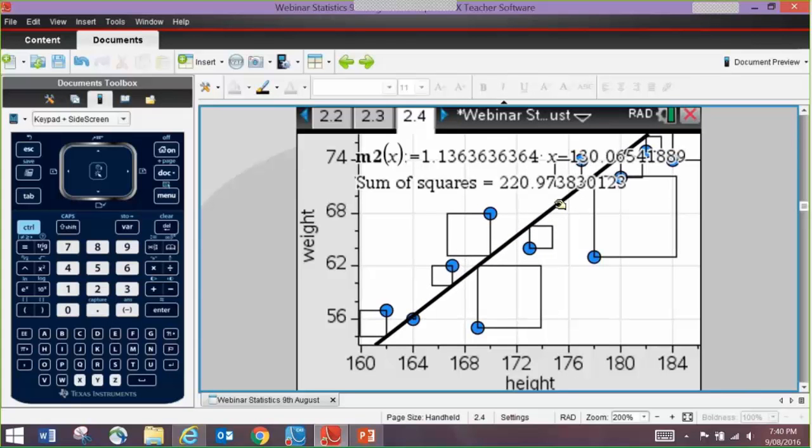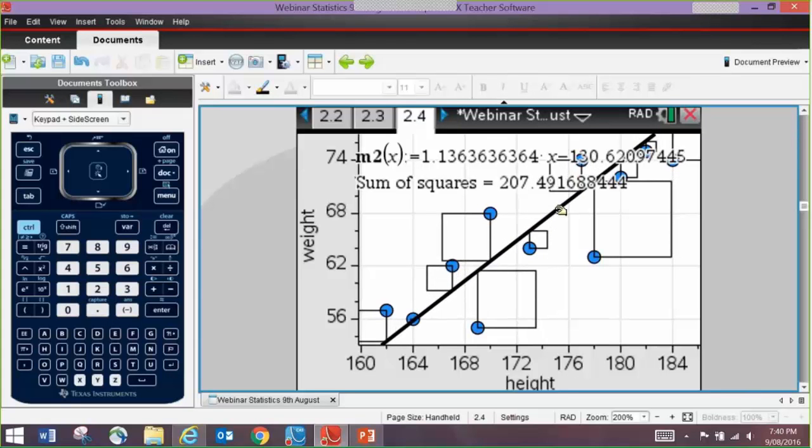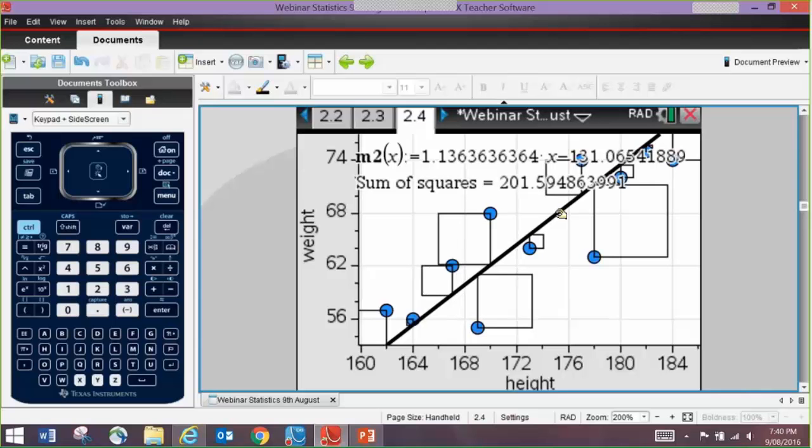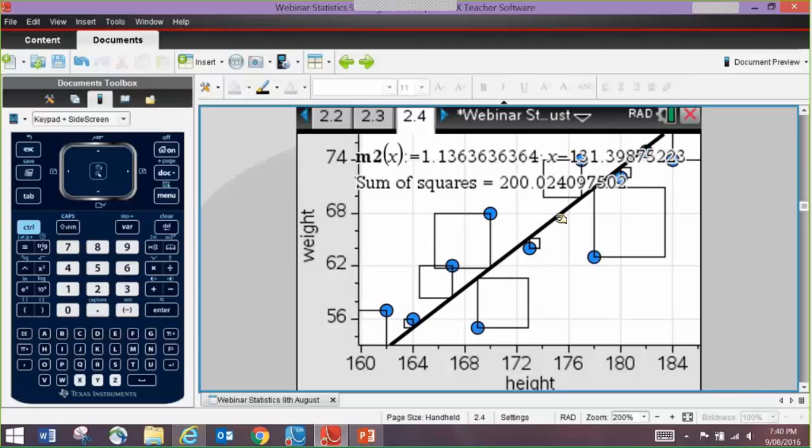So the kids can do this as a little activity and try and make that the smallest they possibly can. That was pretty much good where I started. I don't think I'm going to get much better than that for the moment. So that's the best position at this stage.